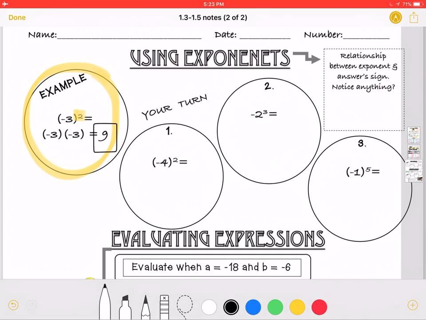So let's do a few other examples and see if we start to notice anything in terms of a relationship. So let's look at example 1. I have -4 and my exponent is 2. So -4 to the second power, or we say that as -4 squared. Notice again how it has parentheses, so I want to keep that around my -4. I have 2 -4s.